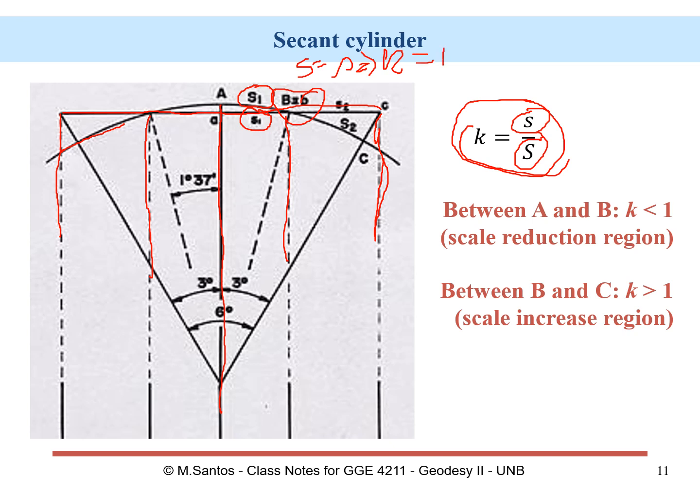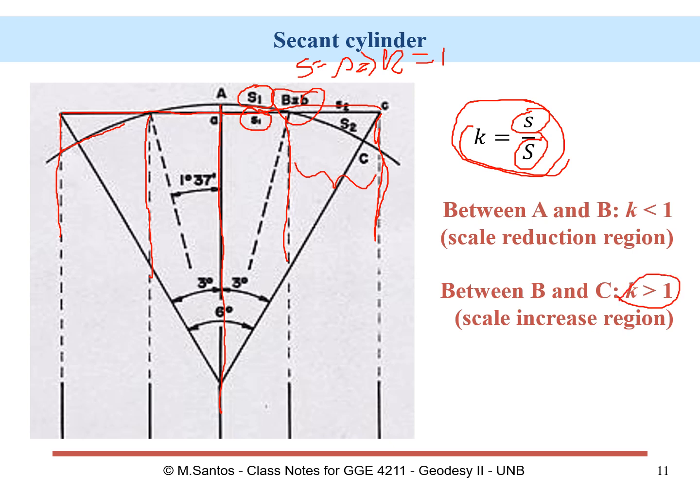And if we go now to the region between the line of no distortion and the limit of the zone, we are going to see that the coefficient of deformation now is going to be greater than 1.